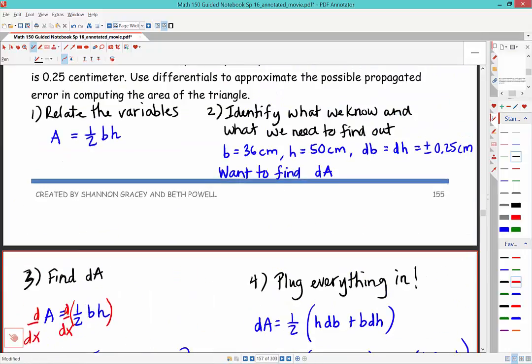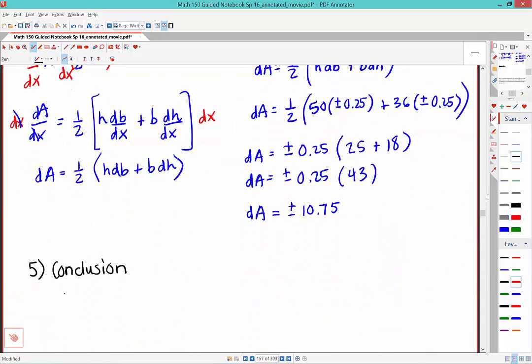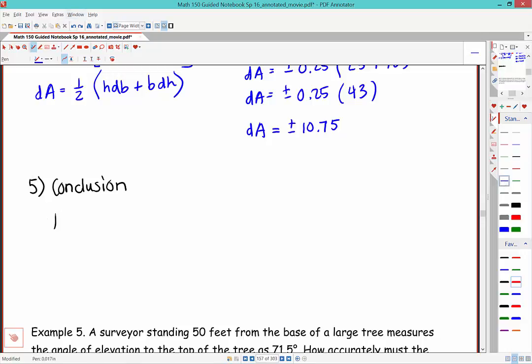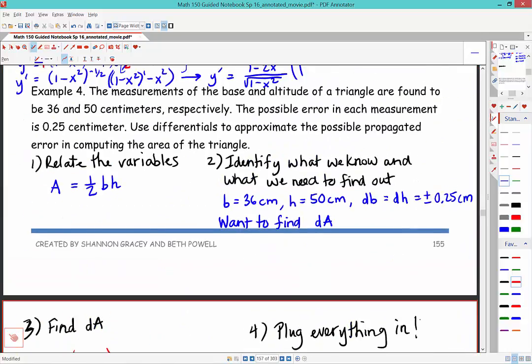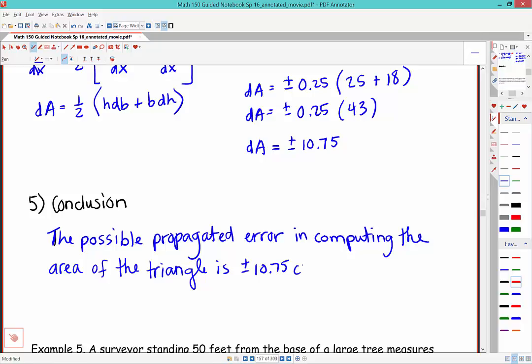So when we write our conclusion, the possible propagated error in computing the area of the triangle is plus or minus 10.75 centimeters squared.